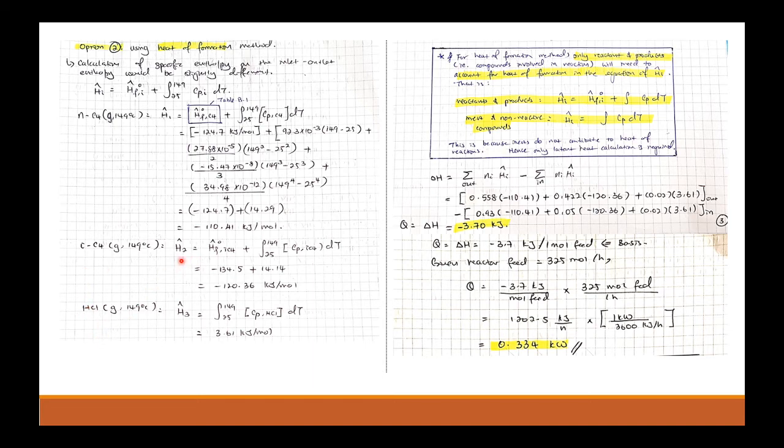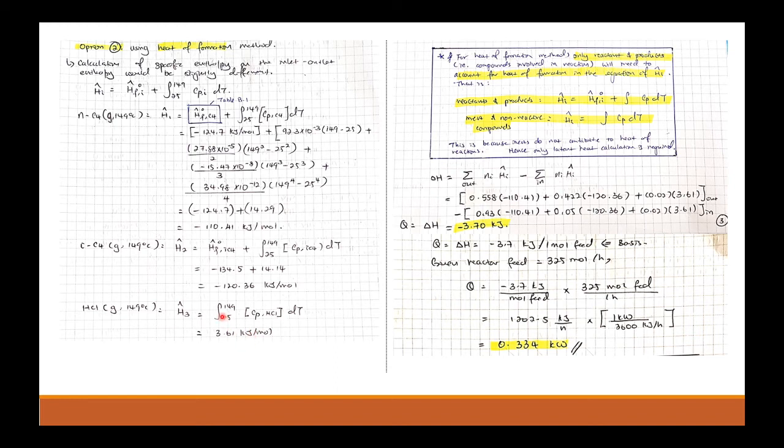Now for IC4, which is H2, same thing. But notice that for HCl, you do not have a heat of formation. That is because this is a non-reactive compound in this system. It stays as an inert.